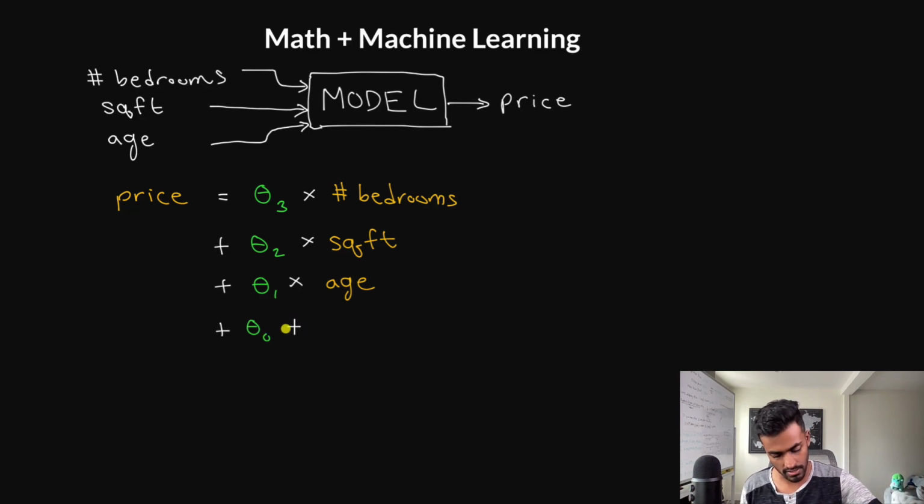And we will also add in an epsilon error. This is some irreducible error. Now, this entire equation over here is called the linear regression hypothesis.